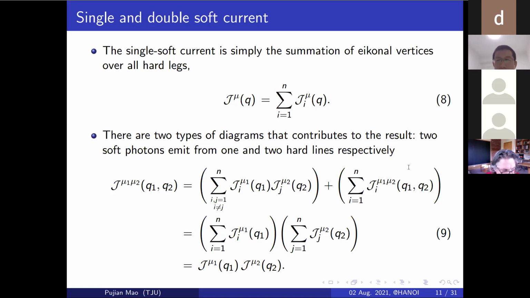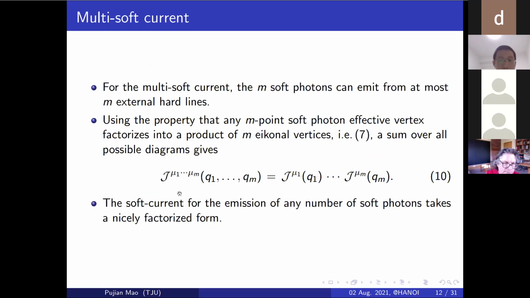And also you can already imagine that for any number of soft photons, it should be a product. And yes, our results confirm that the n-point soft photon theorem is just a product of the single soft photon soft factors.